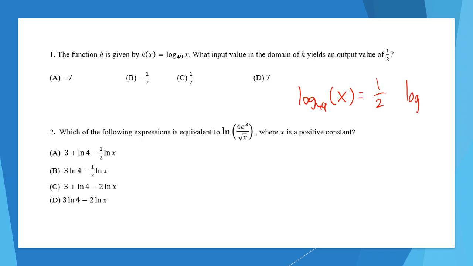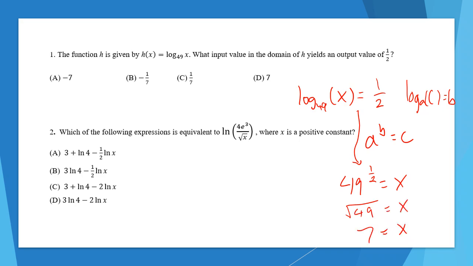When you have log base a of c equals b, in exponential it's a to the power of b equals c, which means in this case, 49 to the power of 1/2 equals x. 49 to the 1/2 is just the square root of 49, which is 7. So 7 should be our answer, D here.